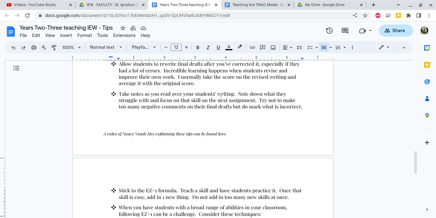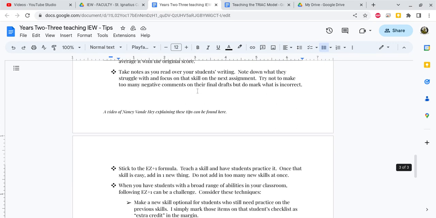So if I had made comments on their final draft, did they make those changes? It might be mechanical changes, like a missed punctuation mark or a misspelled word. But it could also be something like, this was a fragment, it's not a complete sentence. Did they make that a complete sentence now? That can be a really great opportunity for learning.